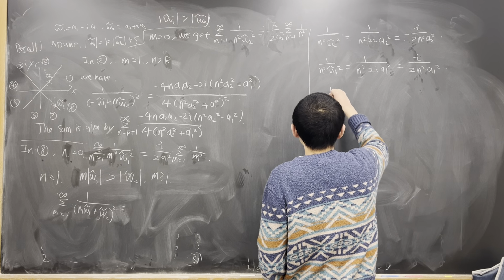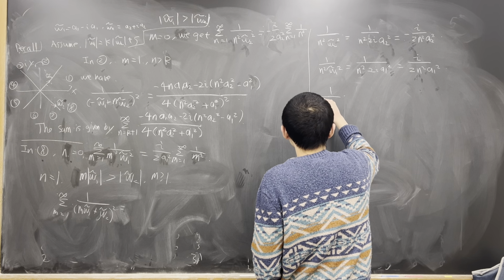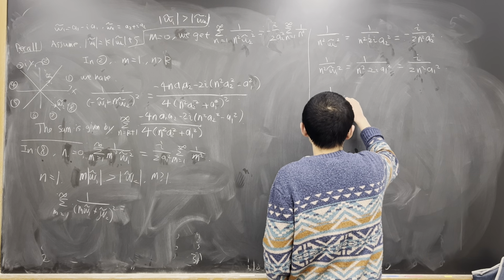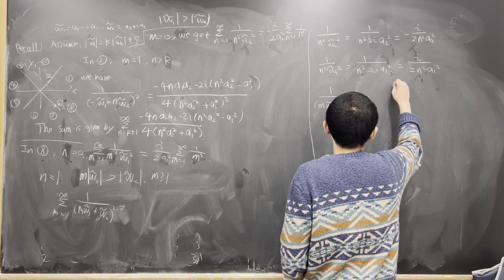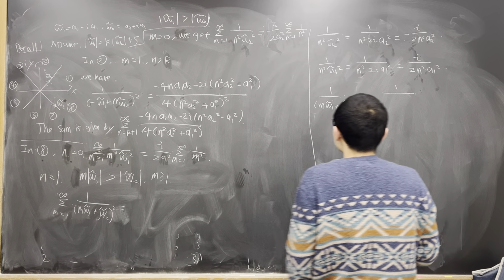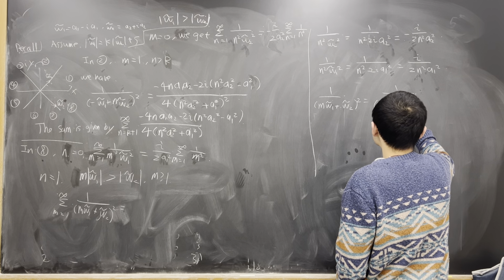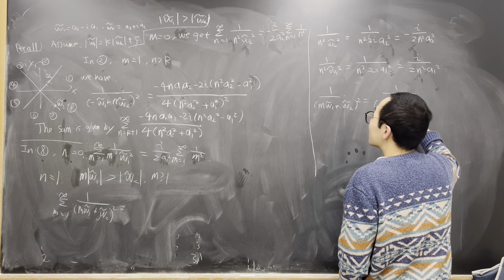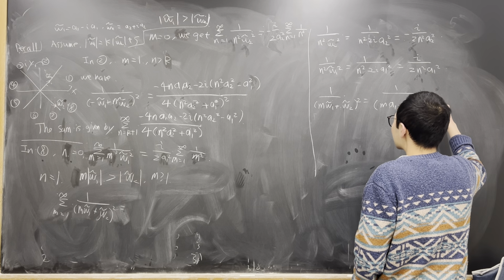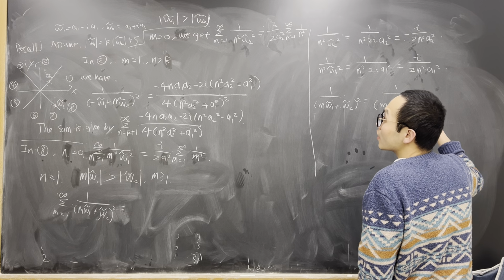So, 1 over this, m omega 1 tilde plus omega 2 tilde squared, which is equal to, okay, so m times omega 1, which is m times a1 minus i m times a1 plus, okay, m times that.